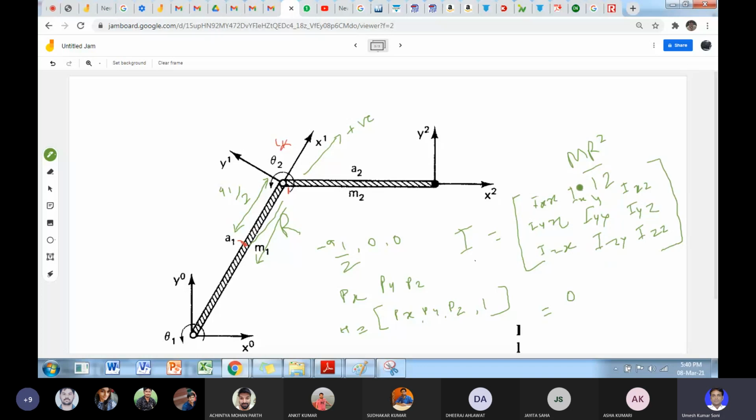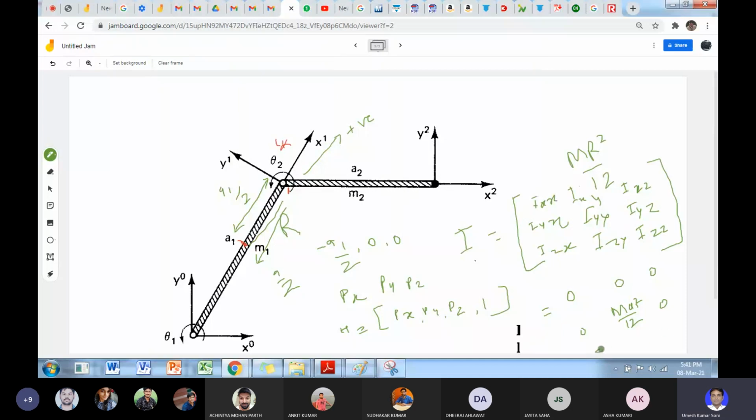Okay, the other elements are 0 for this, and in the y direction the inertia is m into a1 square by 12. Okay, the center of mass length is a by 2.